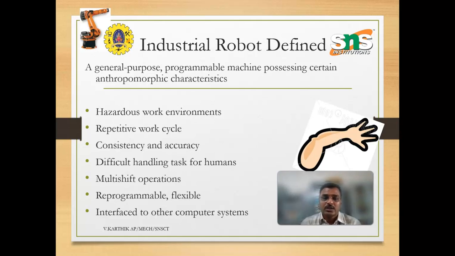Here, the industrial robot will help in all industrial places to minimize errors and improve the quality of the work and the machine's work. Some of the points seen are how the industrial robot will help in hazardous work environments, repetitive work cycles, consistency and accuracy, difficult handling tasks for humans, multi-shift operations, reprogrammable and flexible use, and interface to other computer systems.